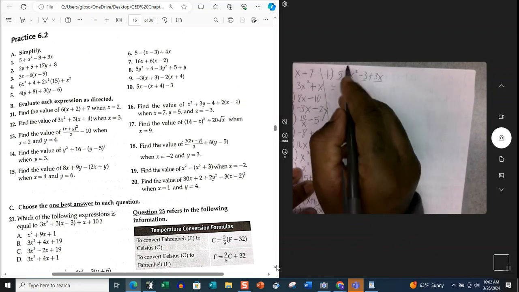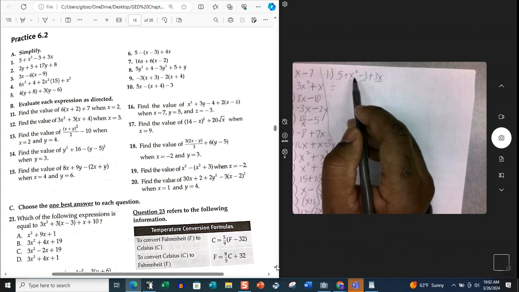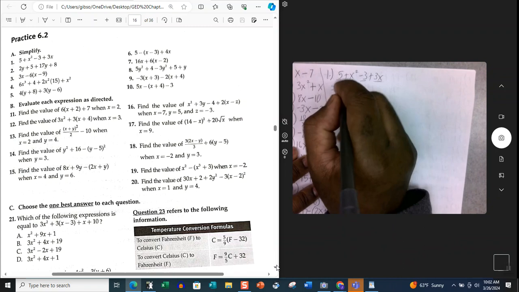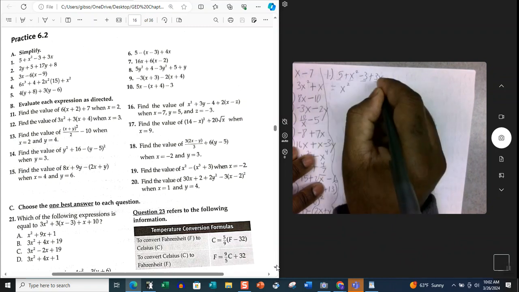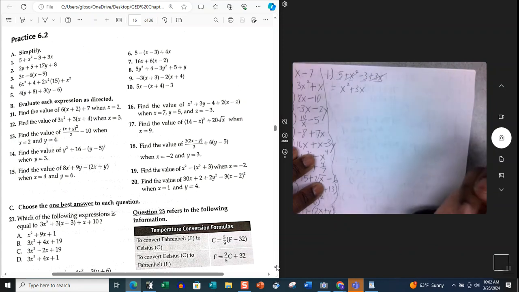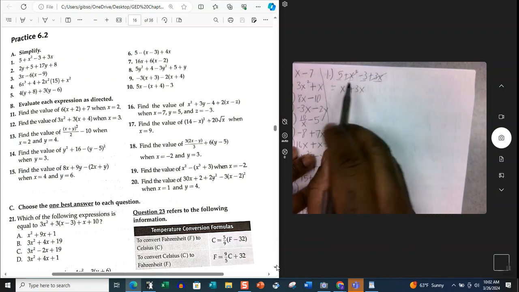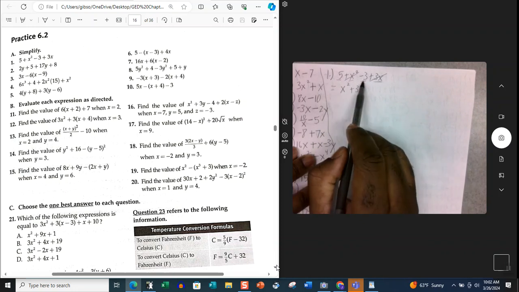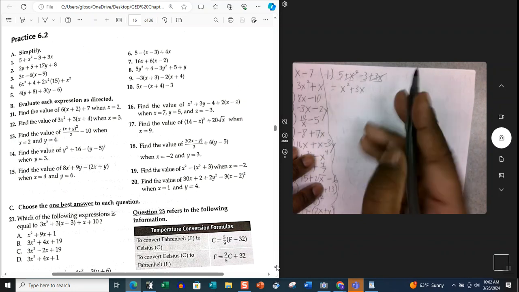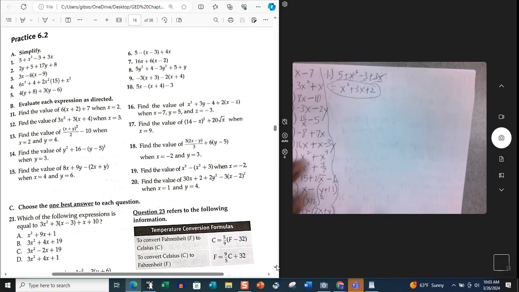So I will bring these down using the highest value first. x squared is more than x, so we'll put x squared, then we'll put plus 3x. That took care of the first 2 terms. Now we go to the terms that don't have the variable. This is positive 5 minus 3. 5 minus 3 is positive 2. So this right here is your final answer.